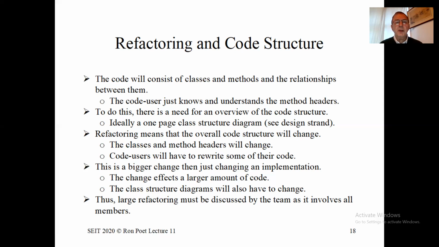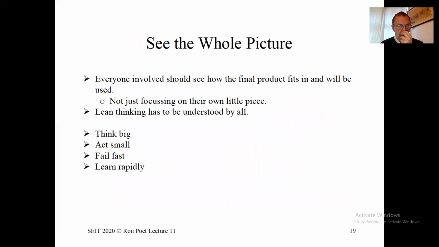We try and avoid large refactoring, but occasionally we'll have to do that, and everyone in the team has to be involved in that. So see the whole picture. This is everyone is involved. So it's not just the manager who sees how everything fits together, but all the developers see how their little bit of work fits into the final product.